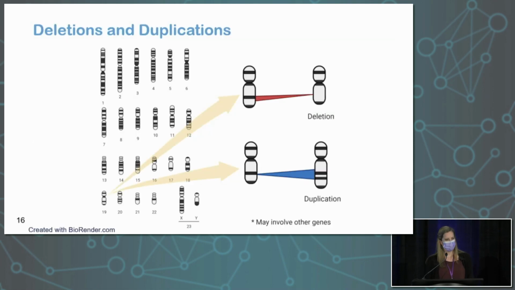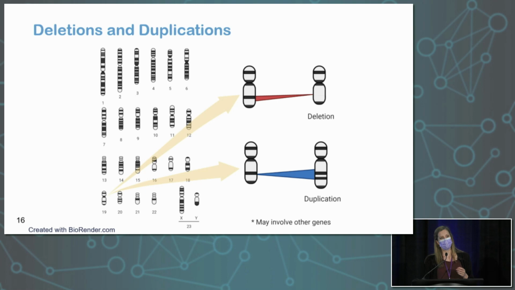So our final type of genetic variant that we can see are deletions and duplications. So this means that there's an extra or missing piece of DNA. Sometimes these can be changes within CACNA1A where it's just one part of the gene is missing or there's an extra piece of it. Sometimes it can be the whole gene is either missing or there's an extra copy.